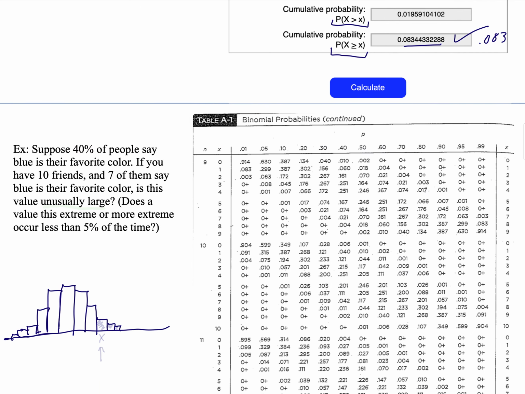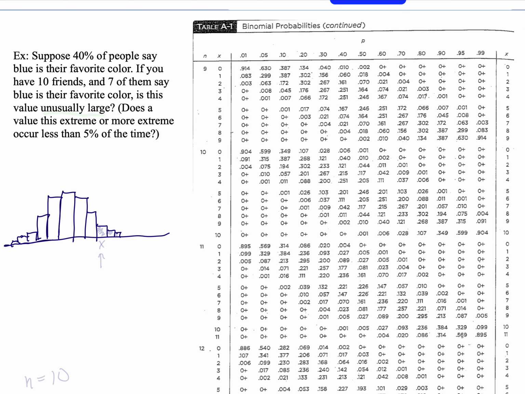All right, suppose 40% of people say that blue is their favorite color. If you have 10 friends and 7 of them say that blue is their favorite color, is this value unusually large? When we say unusually large, what we mean is, does a value this extreme or more extreme occur less than 5% of the time?